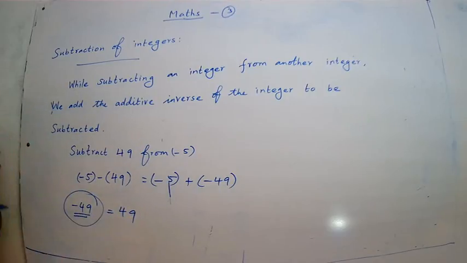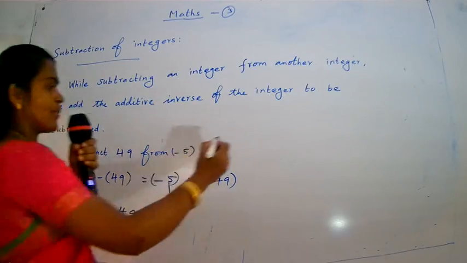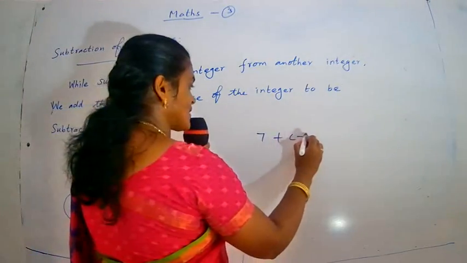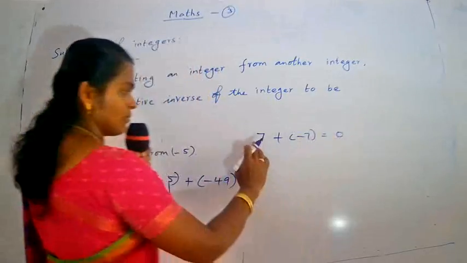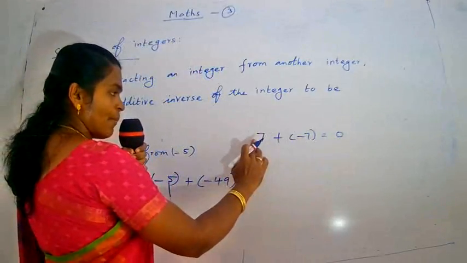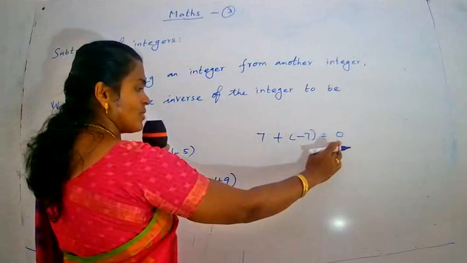49. Okay. Additive inverse means two integers whose sum is 0 are known as additive inverse. Additive inverse means if we add 7 and minus 7, we get 0. Yes or no? Plus 7 minus 7 is equal to 0.